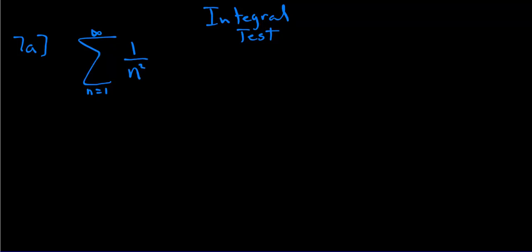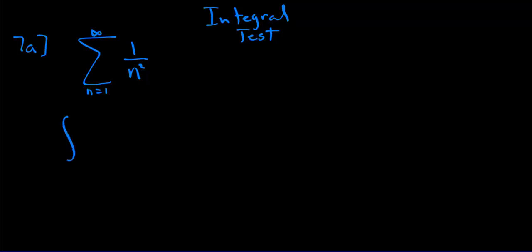Now we've been working with this one. We observed earlier that it converges. In this video, I've just assumed we know about the p-series, but let's go ahead and use the integral test to determine if this converges.